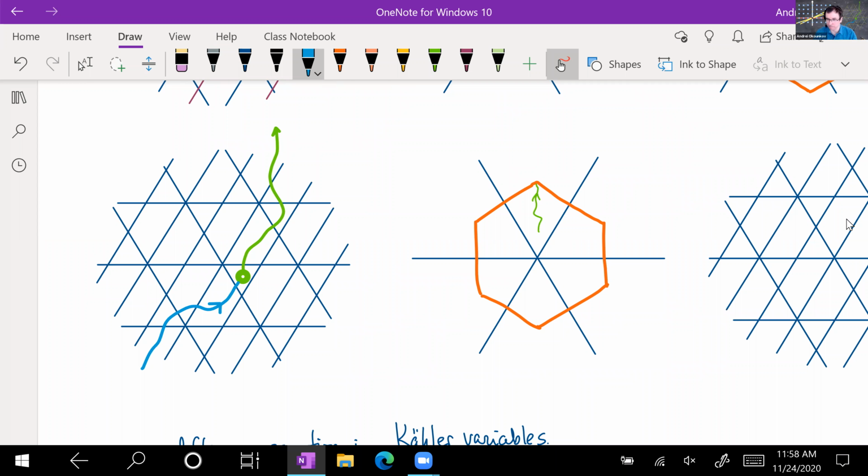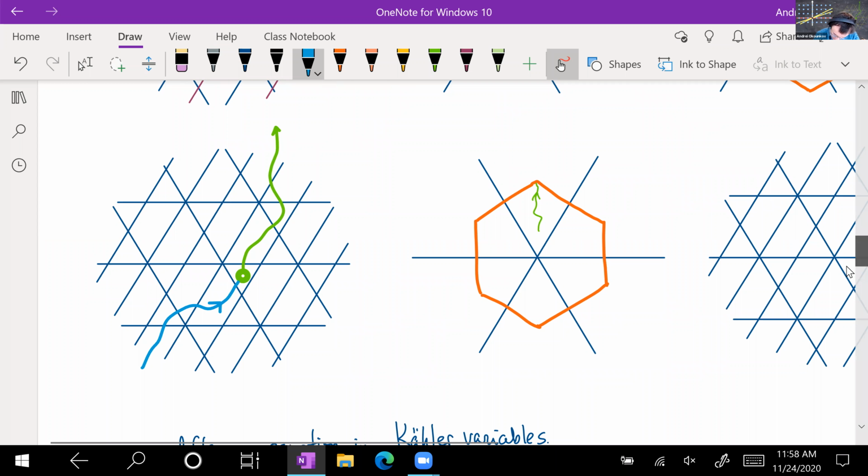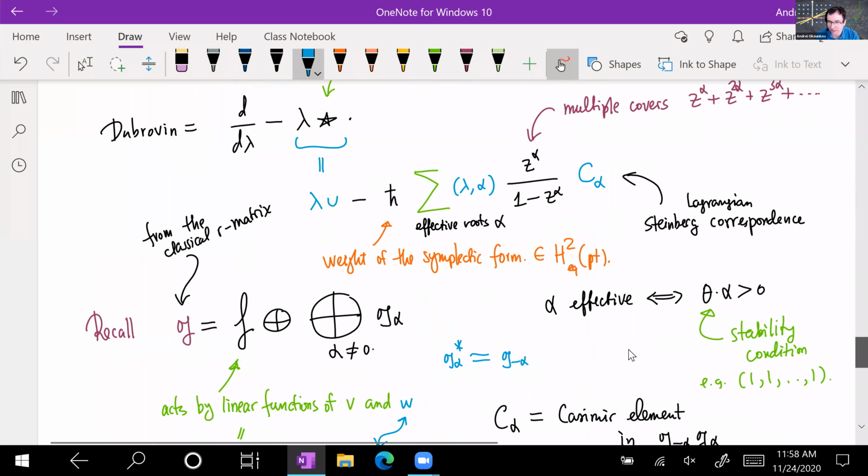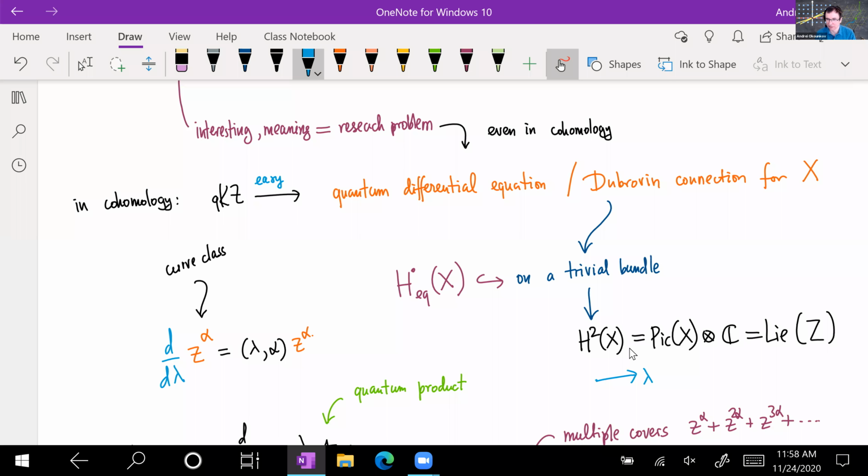No. In this connection you can formally write this in the covariant H2, but that really makes no sense there. So this is some difference. In K theory we have a q-difference connection commuting with a q-difference connection, and in the homology case we have a differential equation commuting with a difference connection.